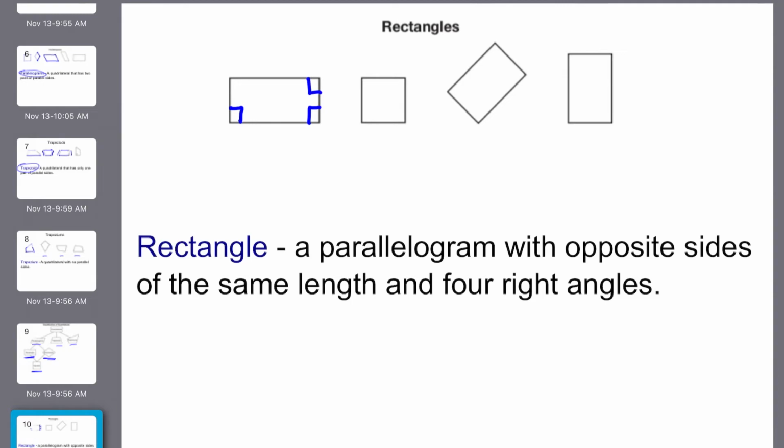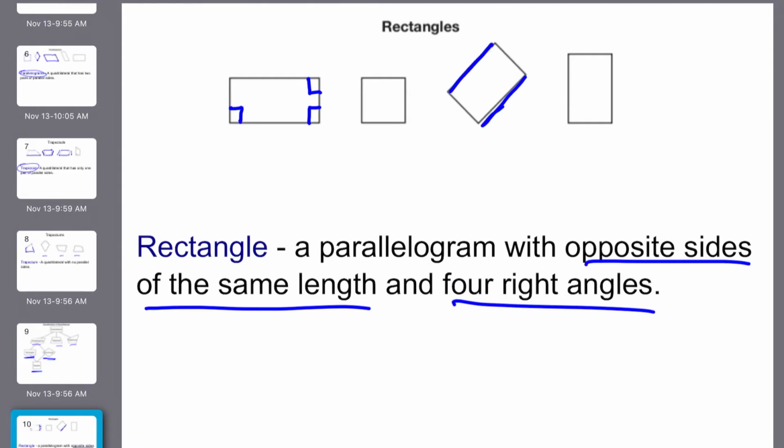So it needs four right angles, and then it needs opposite sides of the same length. So this side is the same length as this side, and then this side, same length as this side. And then four right angles. Meaning, a square technically falls into the category of a rectangle.